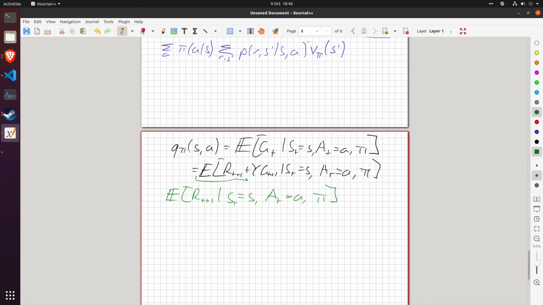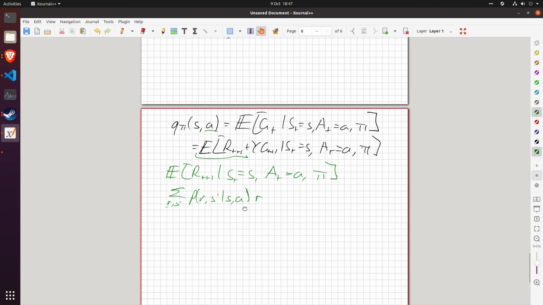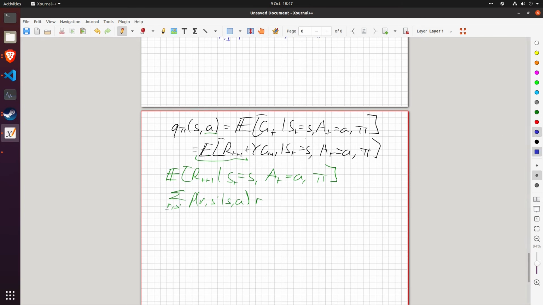So we need to do this step. Basically that's the sum over all possible rewards and S primes, the next state you go into, of this probability distribution given S, A. And we've pinned down A, it's here, so that's fine. And R, right? Because now R is determined. So that part's easy. And then for the blue, we'll do that as well.